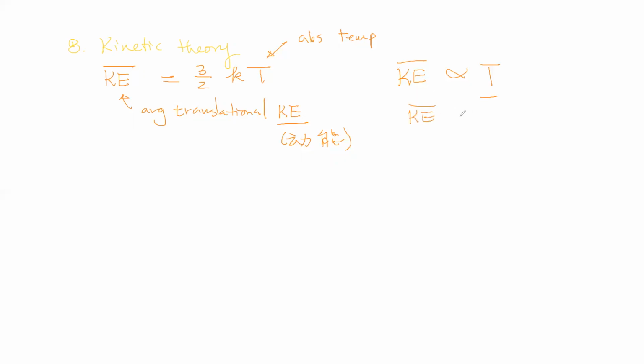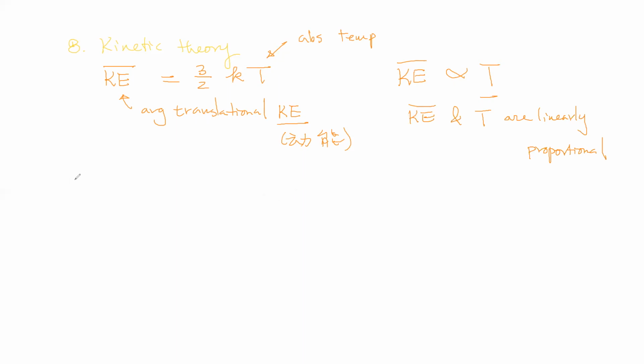In English, you say KE and absolute temperature are linearly proportional. Linearly is the adverb, and that modifies proportional, which is an adjective. So this is a very, very important result, and hopefully you can make good use of it.